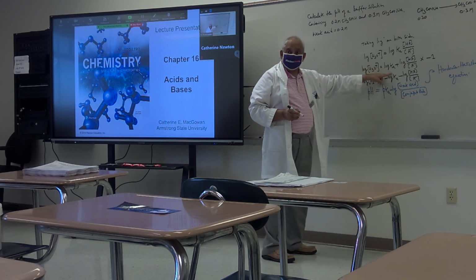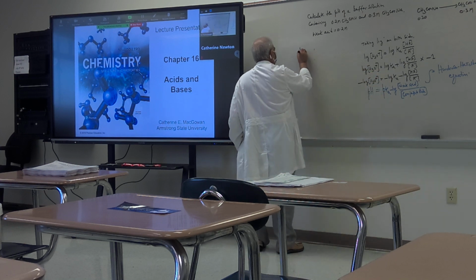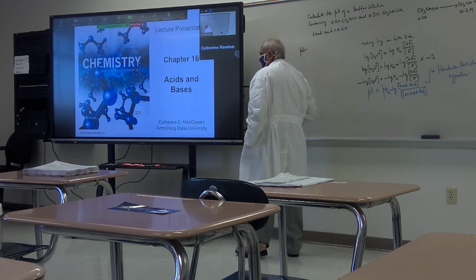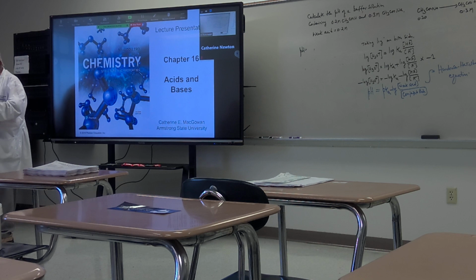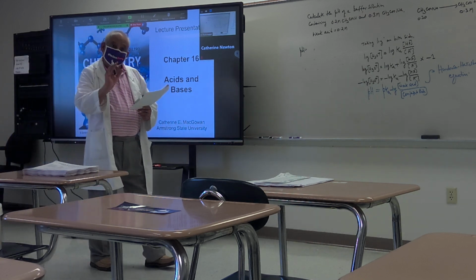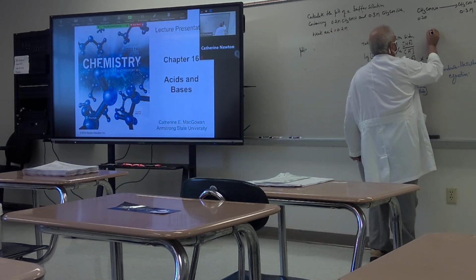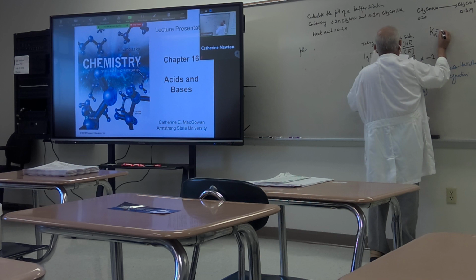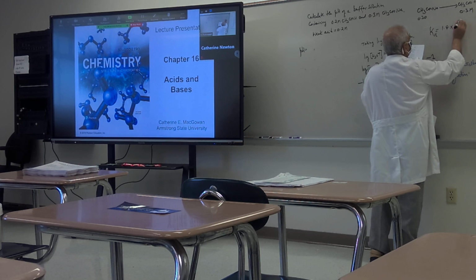If you know the pKa, that's all, you get the pH directly. So pH equals pKa. What is the pKa? I don't remember that. Okay, they have given the Ka value, which is 1.8 times 10 to the power of negative 5.